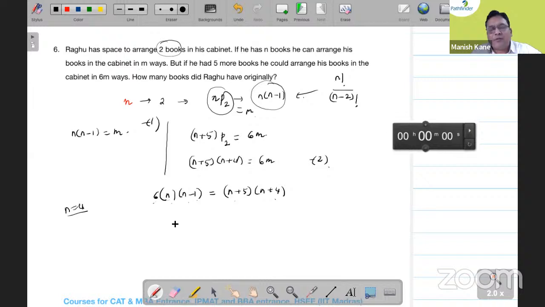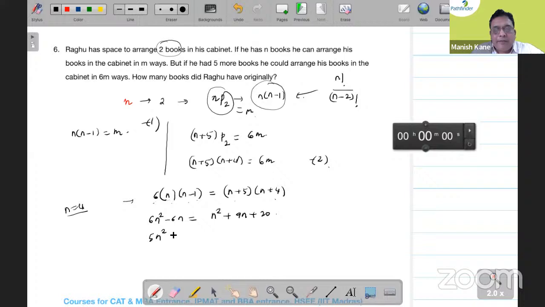So I got it by very elementary substitution. And if you're quick with calculations, this is how you should try to approach questions, especially so if options are given. If options are given, we should definitely put in values. But you can even solve this equation. 6n square minus 6n is equal to n square plus 9n plus 20.